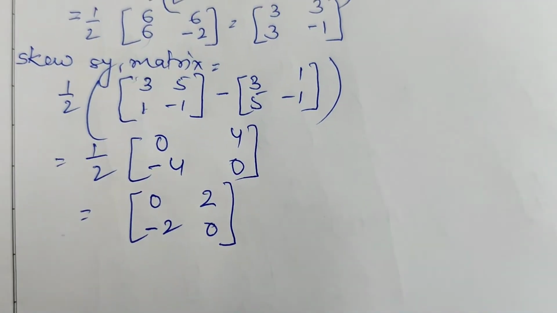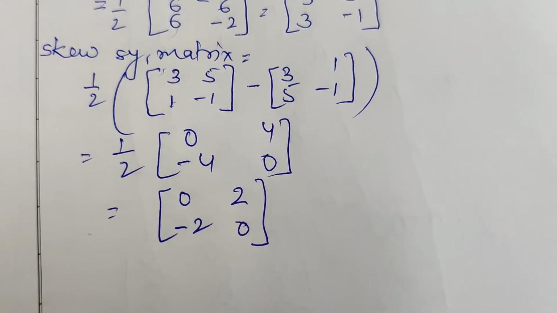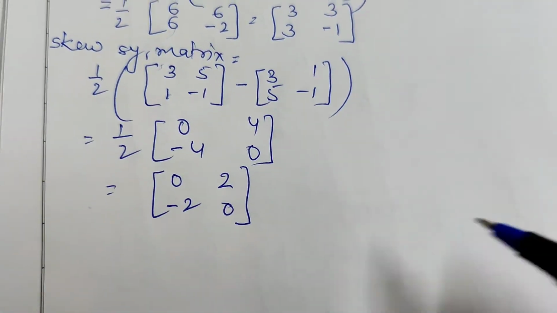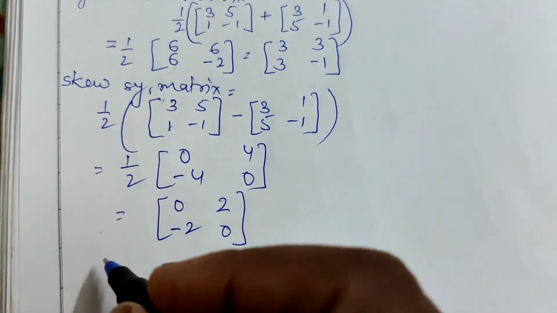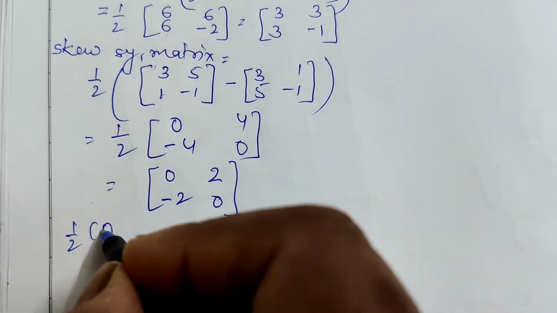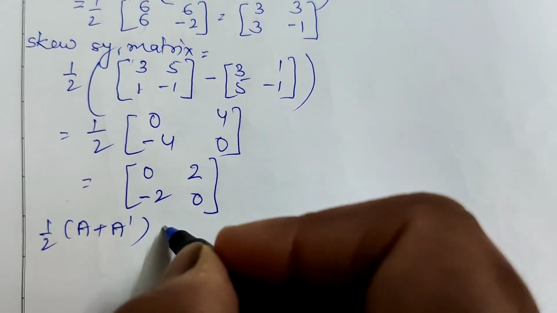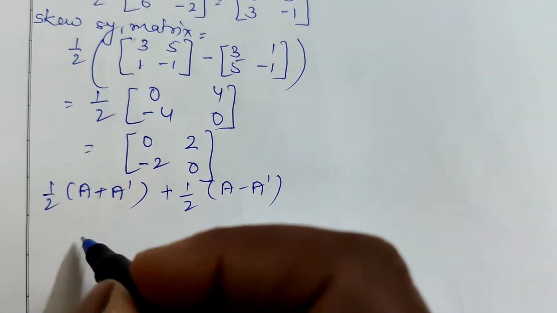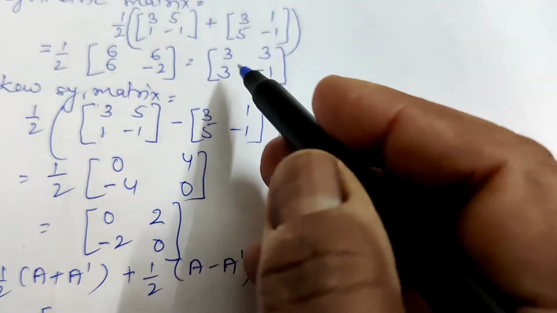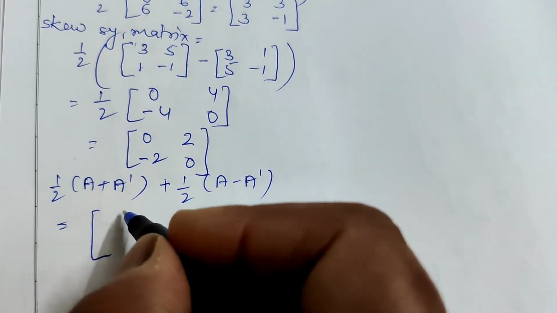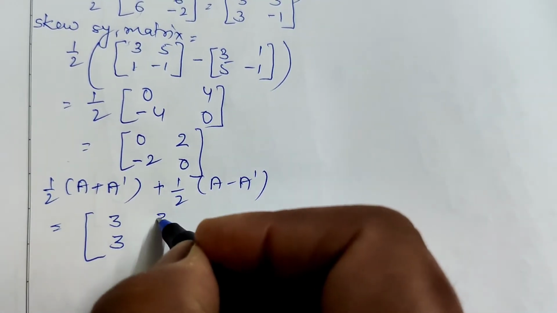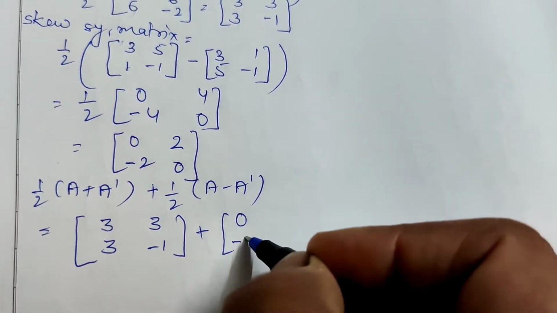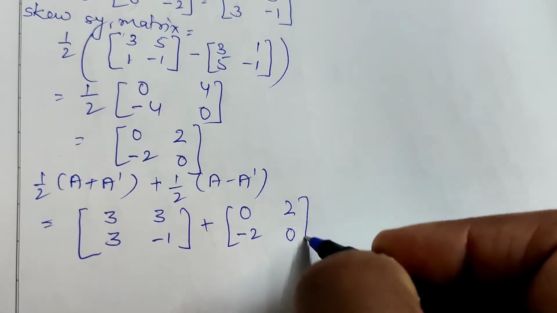Now A is equal to, again we will add both of these, symmetric plus skew symmetric: 1 by 2 A plus A dash plus 1 by 2 A minus A dash. It means symmetric plus skew symmetric equal to 3, 3, 3 minus 1 plus 0 minus 2, 2, 0.